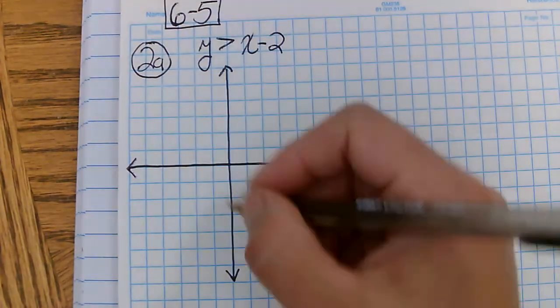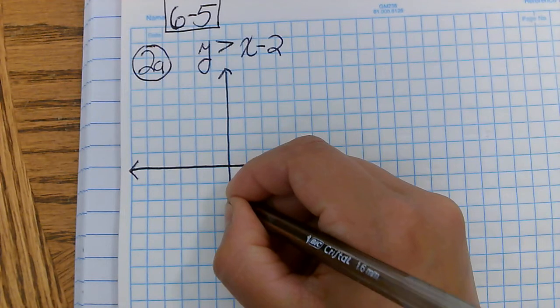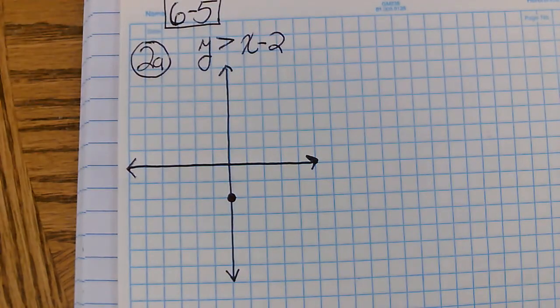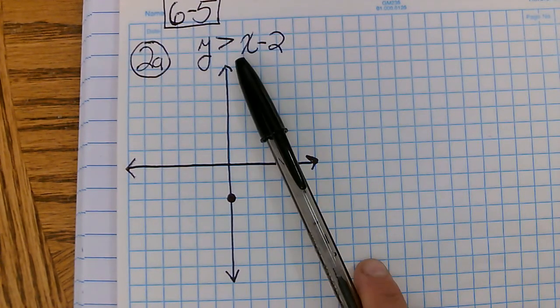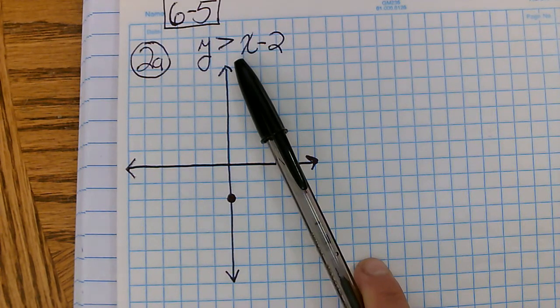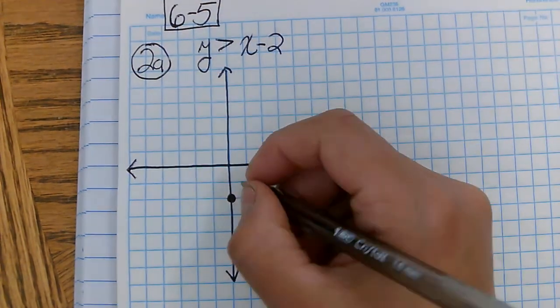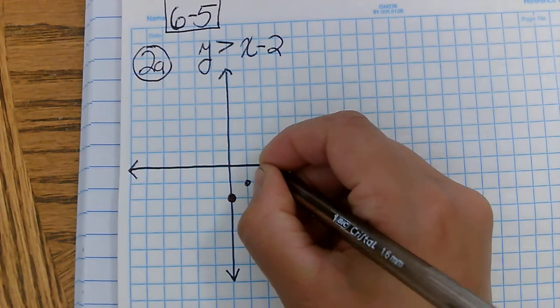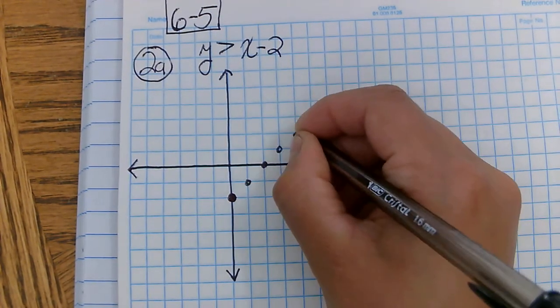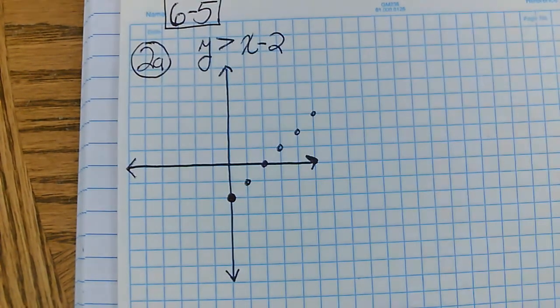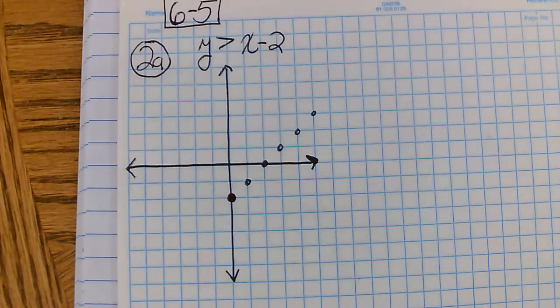It's -2, so that's where I'm going to start. And my slope, there's no coefficient in front of x, but we treat it like it's 1. It means I have a slope of 1. So we go up 1 over 1, up 1 over 1, up 1 over 1, up 1 over 1, and so forth.